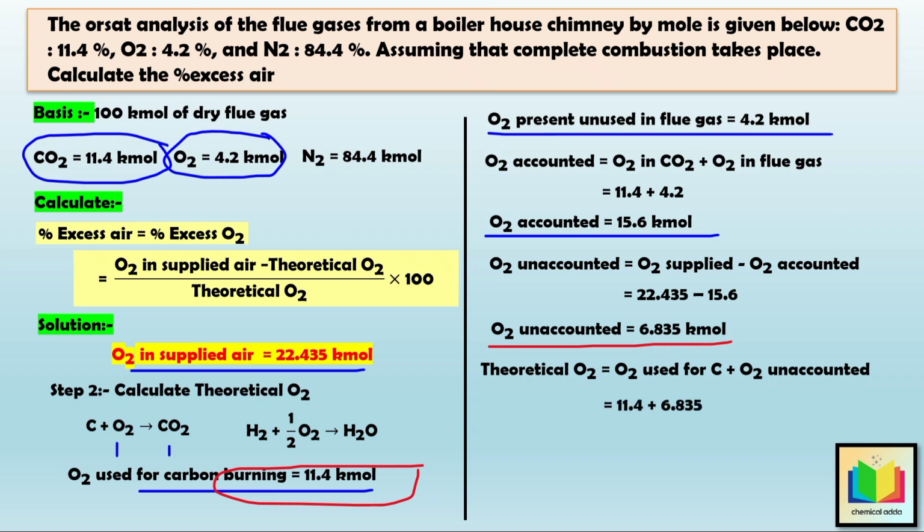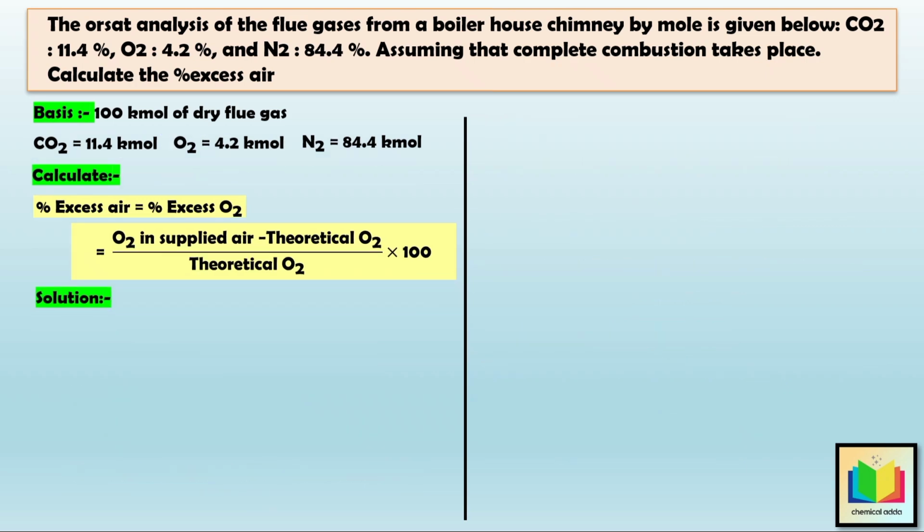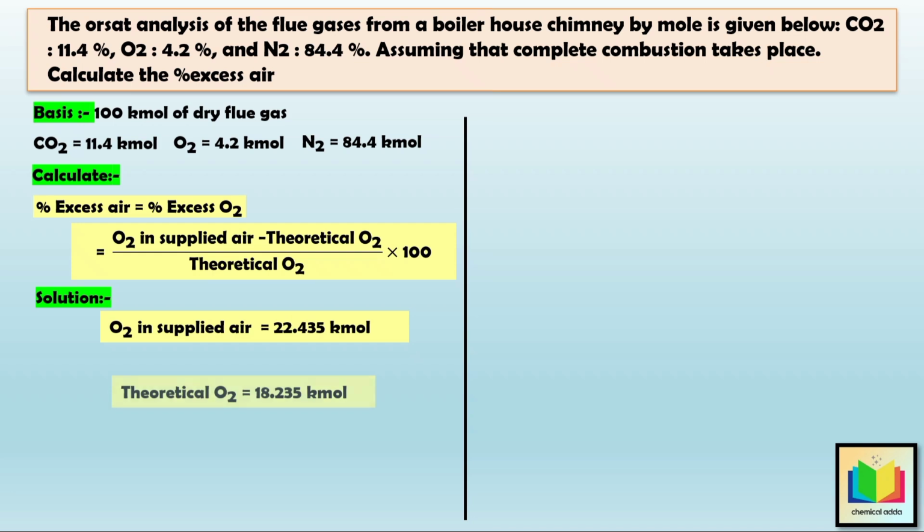So after putting the values, we get, after solving this, theoretical O2 is equal to 18.235 kilomole. In this way, we get the value of both the terms for the formula of percentage excess air. That is, O2 in supplied air is equal to 22.435 kilomole and theoretical O2 is equal to 18.235 kilomole.